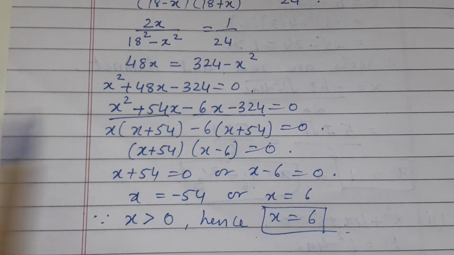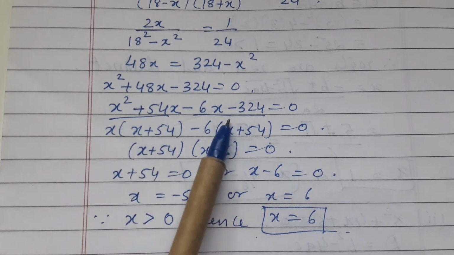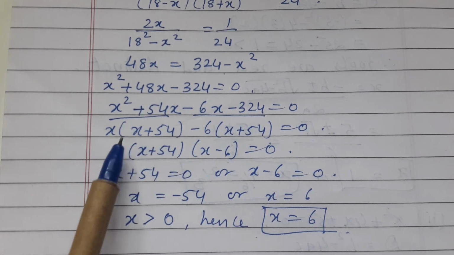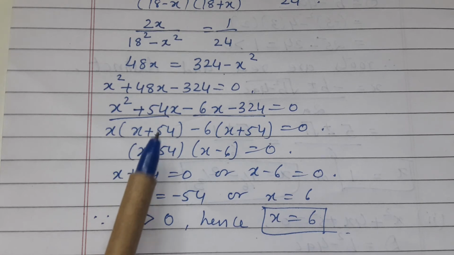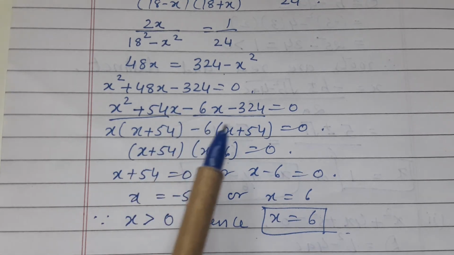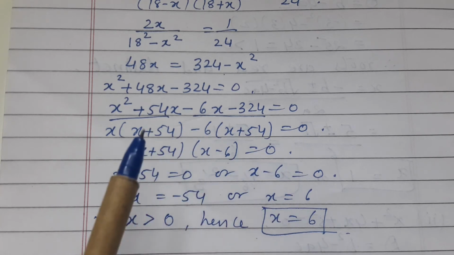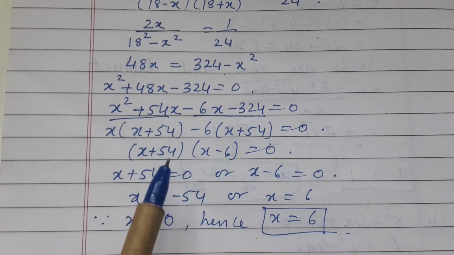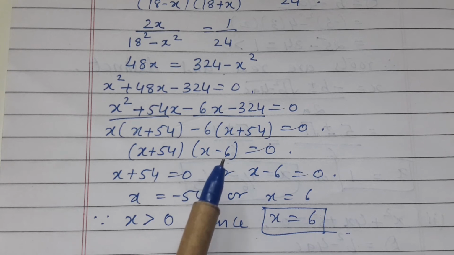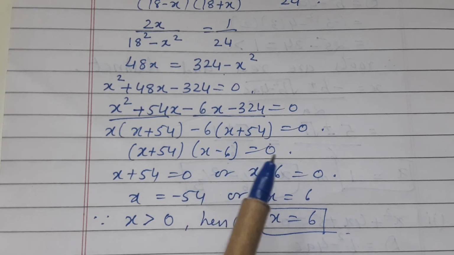Pair first two terms and last two terms. In this, x is common, into (x + 54). In these two terms, −6 is common, into (x + 54) equals to 0.